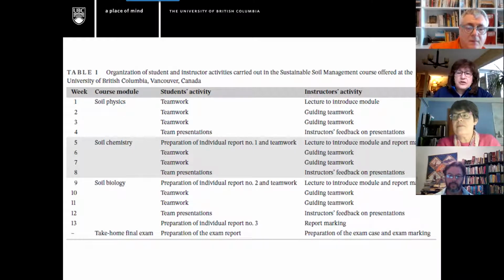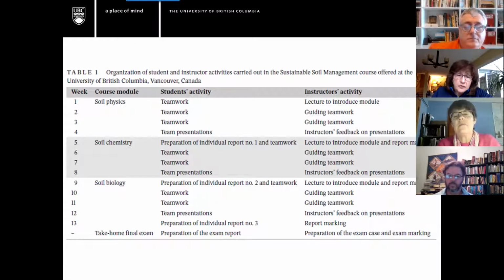Lots of information here, but I just wanted to show you these 3 modules and what students are doing through each of those modules, or the 4 weeks that comprise each of the modules. There is lots of teamwork that's guided by course instructors. At the end of the work on the module or the case in week 4, they give a group presentation for which they obtain a group mark.